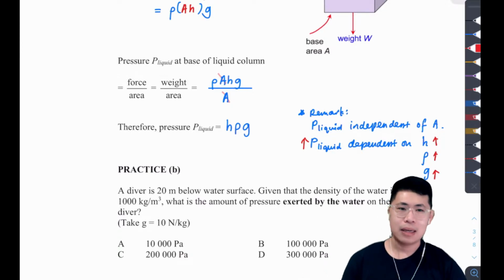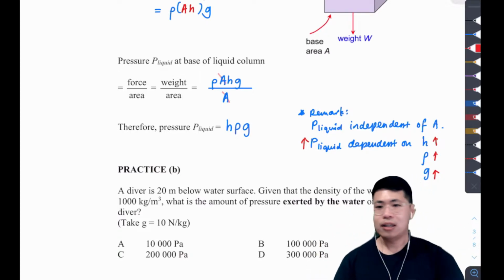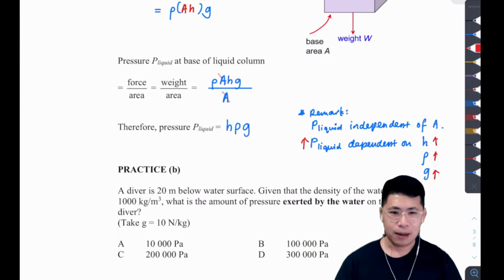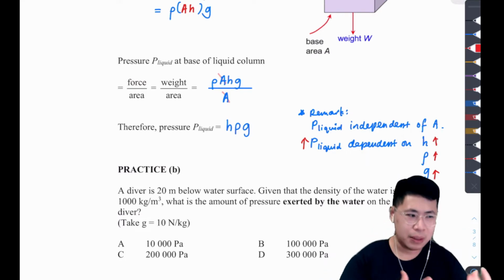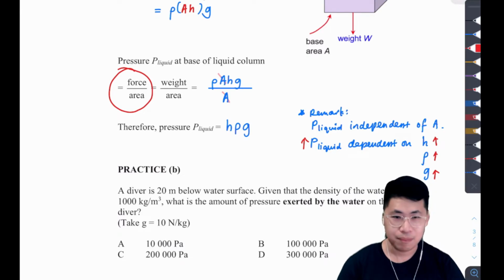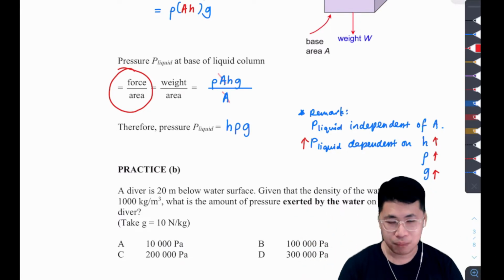However, they will be guided questions, so they'll ask you to find the volume of water. They'll make you split the question by parts so that you can make full use of the information given and still be able to answer based on the concept of force over area. So that main concept is still the more important thing.